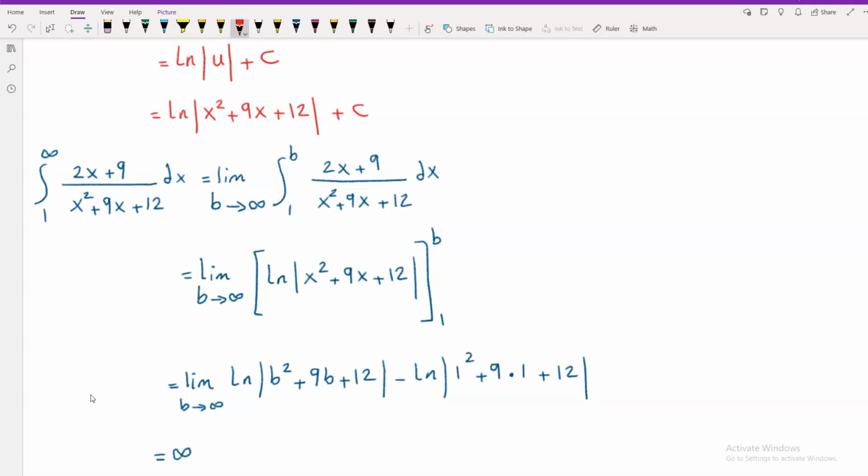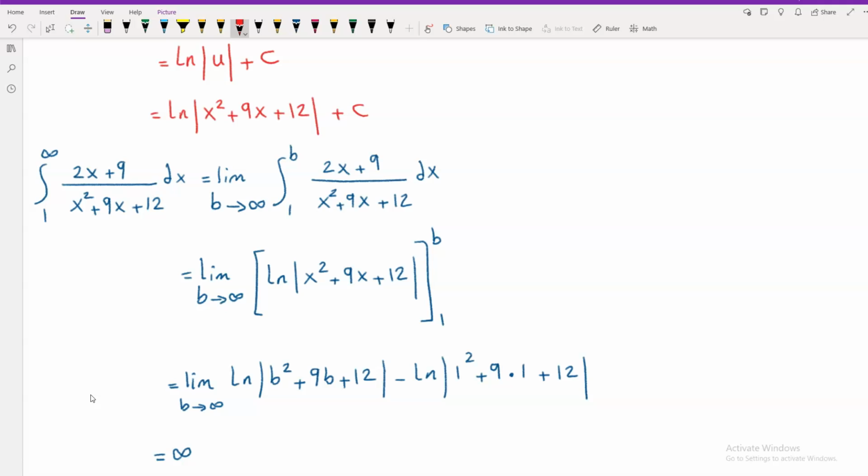Next step, use the antiderivative to determine if the improper integral is convergent or divergent. So here we have the integral of 2x plus 9 divided by x squared plus 9x plus 12 dx, from 1 to infinity. That is equal to the limit of the integral of 2x plus 9 divided by x squared plus 9x plus 12 dx, from 1 to b, as b approaches infinity.